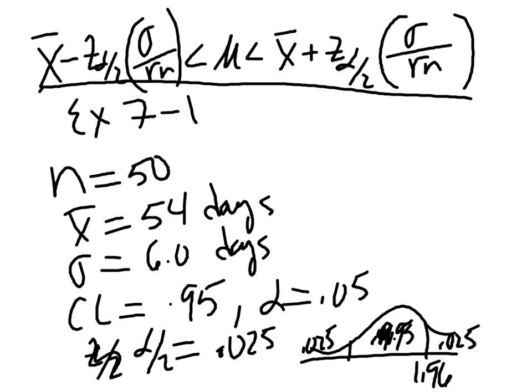Anyway, the last thing I'm going to write is our z sub alpha over 2 value is equal to 1.96. We don't bother with the negative one. We only put the positive one in the formula. So I'm going to set this up. Our sample mean of 54 days plus our 1.96, that's our z sub alpha over 2.